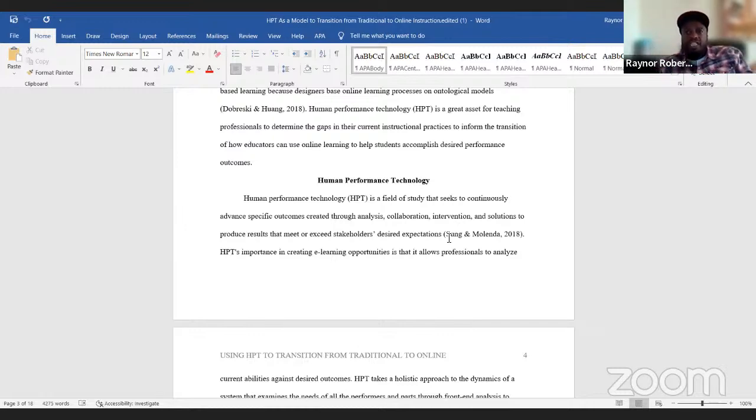The only time you want to use direct quotations is when the original author wrote it in a way where if you paraphrased or summarized what was said, it would take away from the original meaning. That's the only time you direct quote.